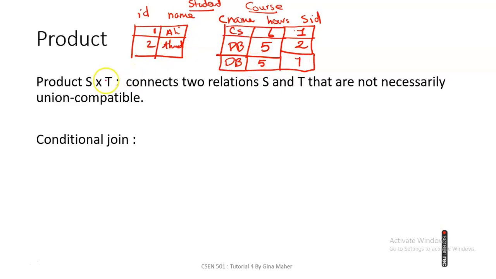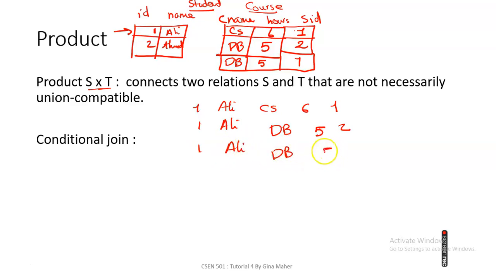Okay, when we say product, we mean that we are going to multiply each row in student by each and every row in course. So the first row after the product will be 1 Ali CS 6 1, 1 Ali DB 5 2, 1 Ali DB 5 1, and then multiply the second row here by each and every row in course.